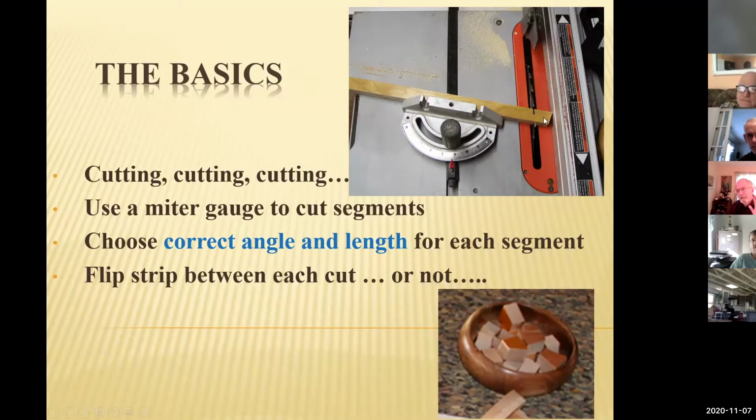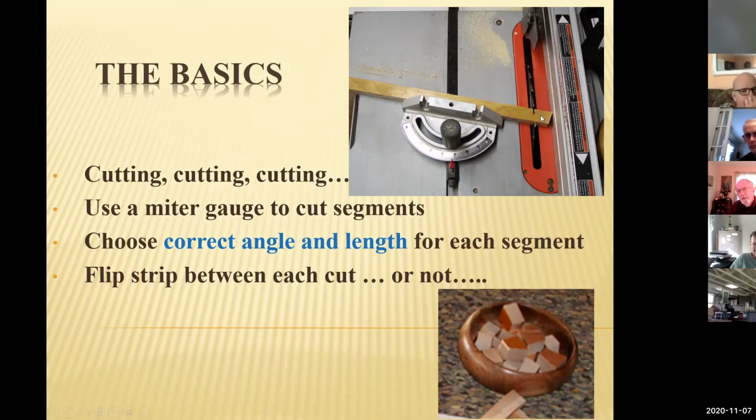Now I can see some warning signals going off. I do not leave my fence here when I'm actually cutting this. I just have it for demonstration. I would normally move the fence back and have a block right here to do the actual measurement. So don't worry about that. But this was how I would cut the individual trapezoid pieces.